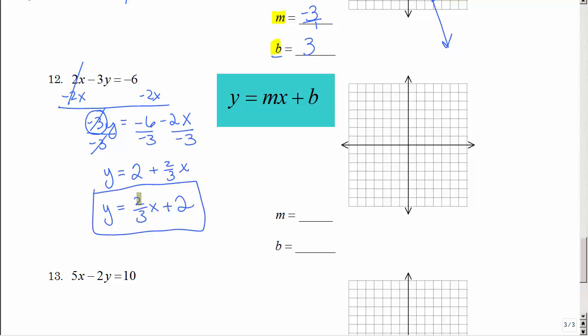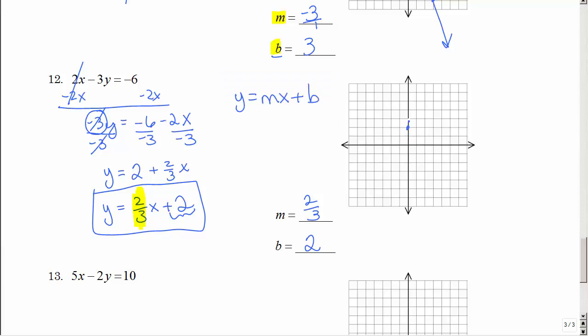When I do that, the number in front of x, the coefficient of x, is my slope, and then my constant is b. So graphing, there's my line.